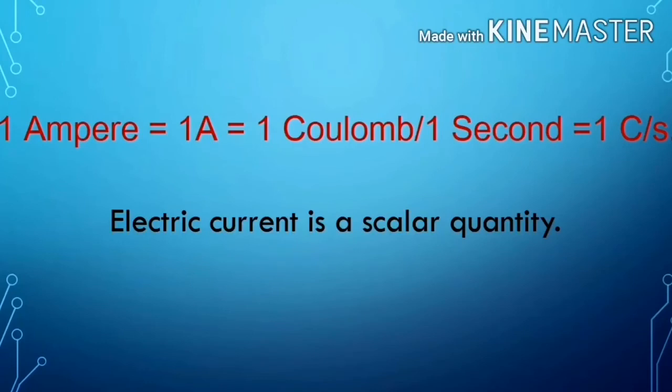Always remember that 1 ampere, that is 1 capital A, is equal to 1 coulomb per 1 second. Always remember that electric current is a scalar quantity.